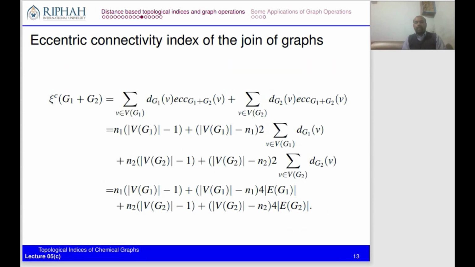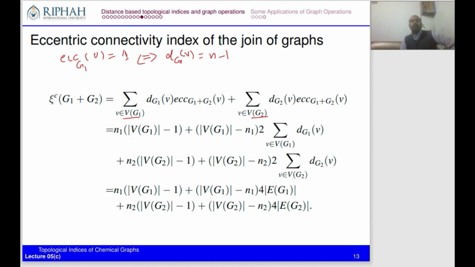So we will use these results in our definition to find the eccentric connectivity index. Again, we have two types of vertices here: vertices from G1 and vertices from G2. One thing I forgot to mention is that the eccentricity of a vertex v is 1 if and only if, suppose in G1, the degree of v in G1 is n minus 1, where n is the order of the graph G1.